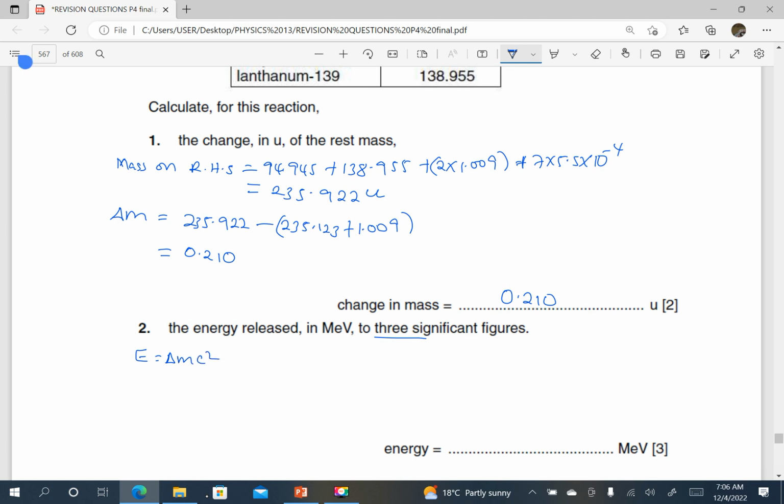So this is going to be 0.210, we change it to kilograms, so times 1.66 times 10 to the power negative 27, times the speed of light, which is 3 times 10 to the power 8, squared. Remember, we want the answer in mega electron volts. This one is in joules.